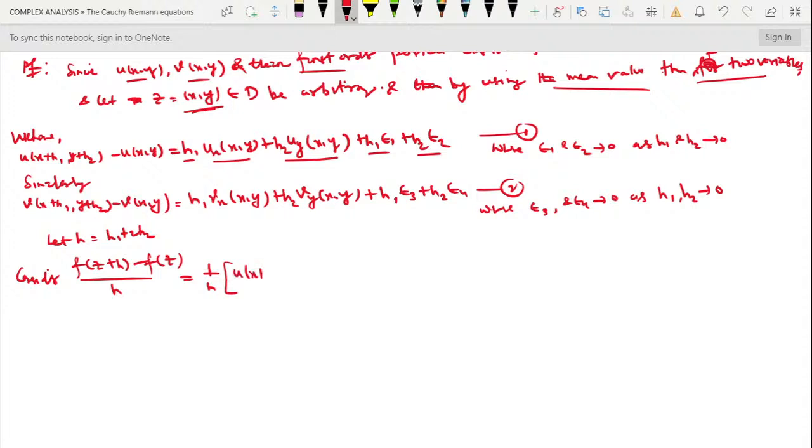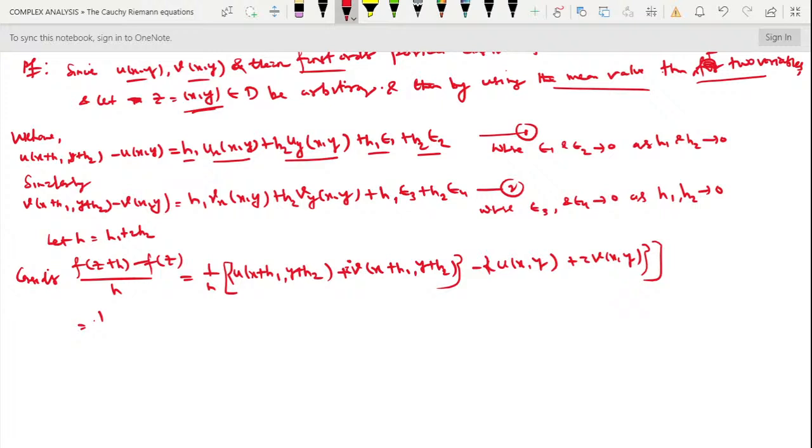This is u of (x plus h1, y plus s2) plus I times v of (x plus h1, y plus s2), minus u of (x, y) plus I times v of (x, y). Okay, so this is your 1 by h.